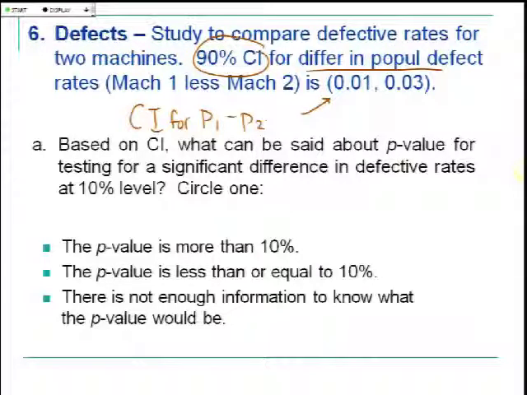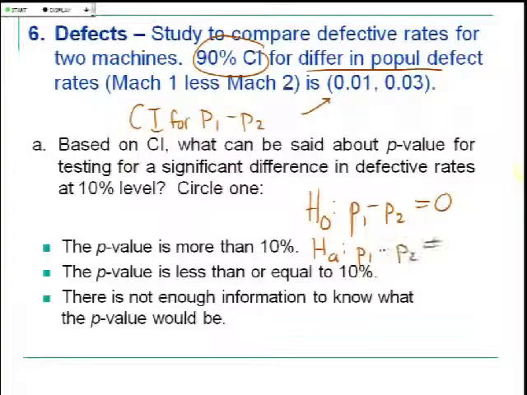So which statement are we going to select here? What are you looking for in your interval? Is 0 there? Because I'm asking you to test formally, is P1 minus P2 0 or not? I want you to do that test using your confidence interval.